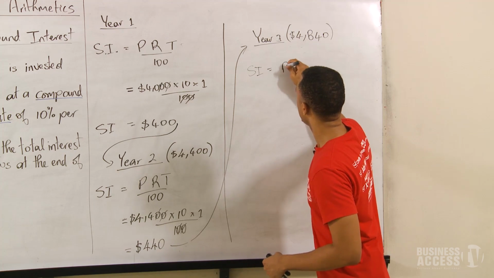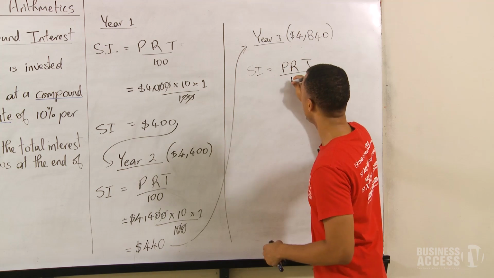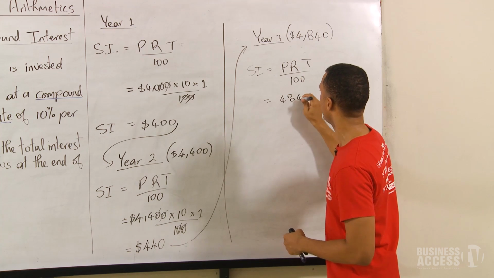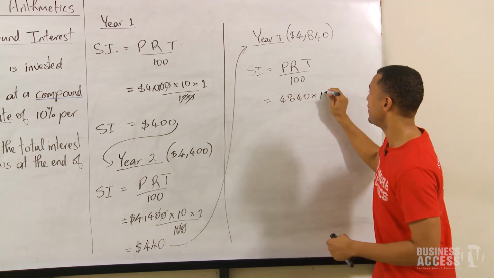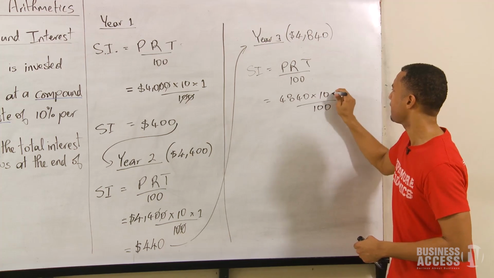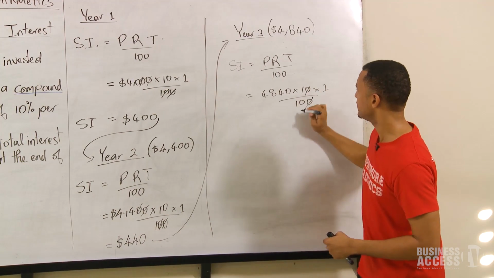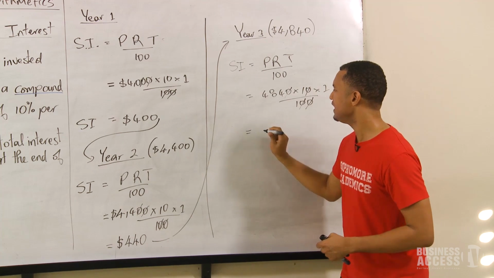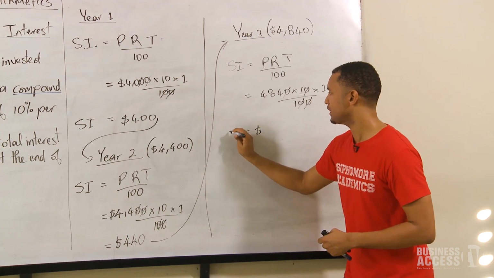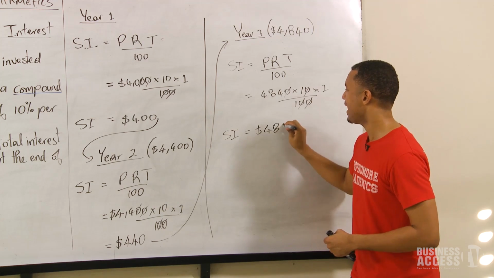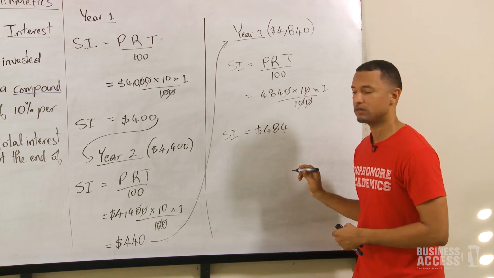Simple interest, PRT over 100, the principal being 4,840 multiplied by the rate. This is beautiful. By 1 year. Cancel, cancel, cancel. The interest in year 3 is $484.